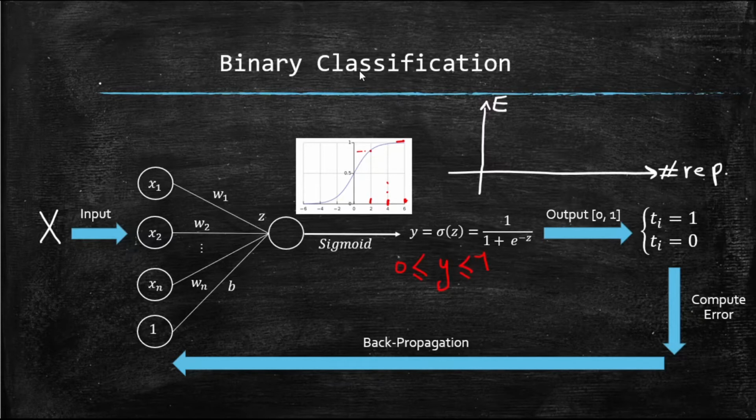Typically you would see something like this. As the repetition goes on, it can oscillate, but generally it goes down.